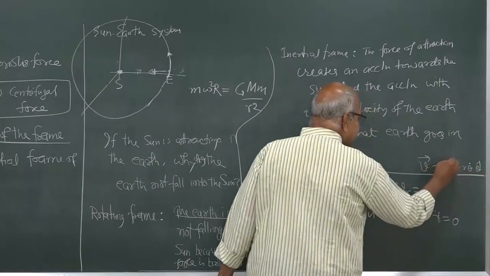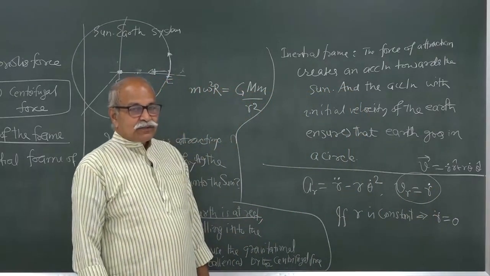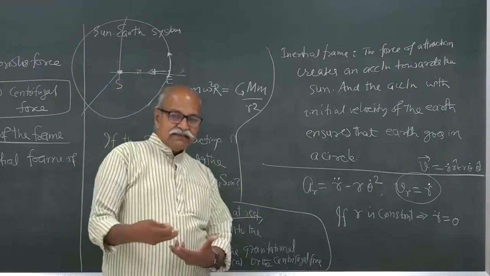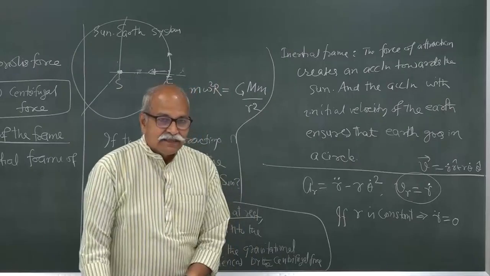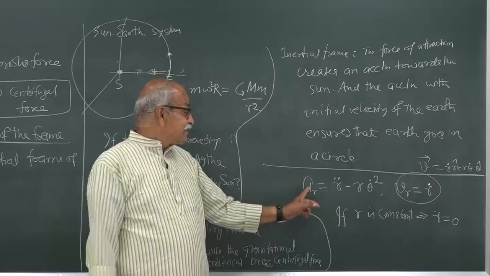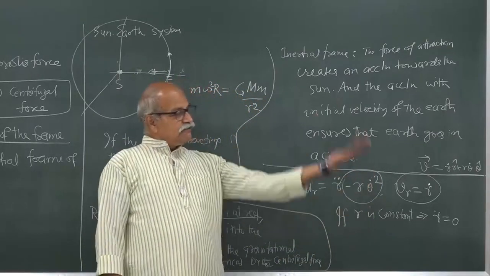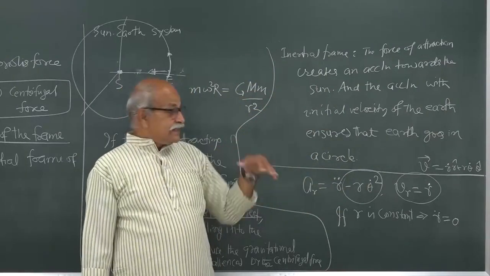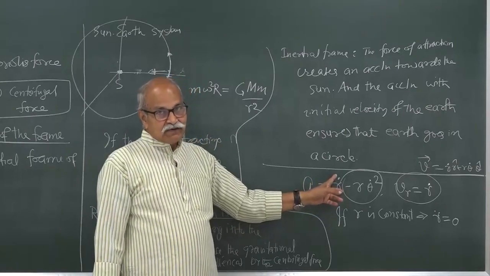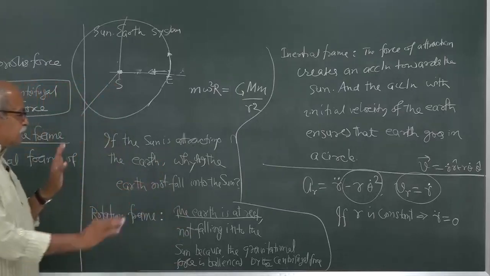So, if r is constant, r dot is 0, there is no radial velocity and r double dot is 0, but that does not mean that the radial acceleration is 0, because this other term is also there. So, if theta is changing, then you can have acceleration without r double dot. We had done some problems on this also. So, these are the things that you must remember.